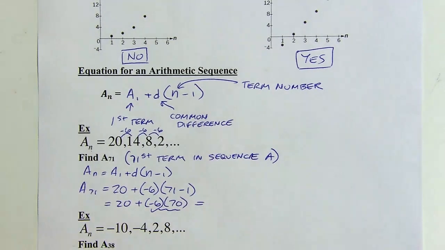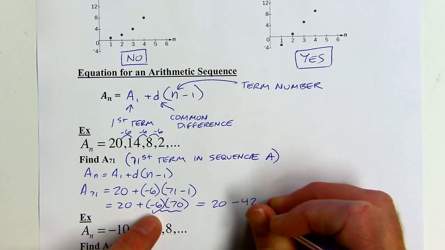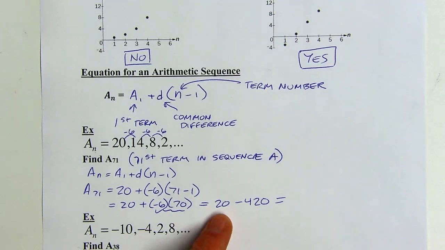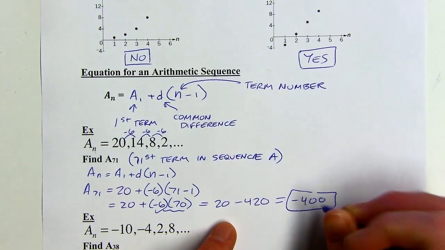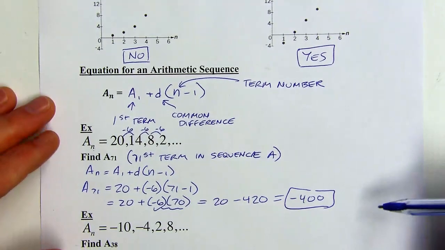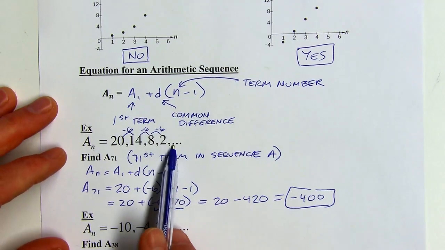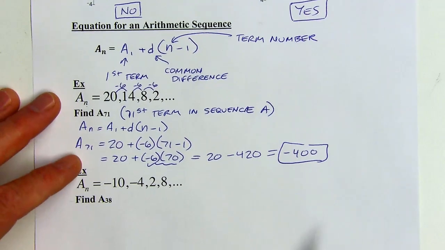So this is going to be 20 minus 420, which gives me -400. So if I did build this out to the 71st term, that 71st term would be -400. Kind of makes sense. We'd be pretty far into the negatives by the time we got there.